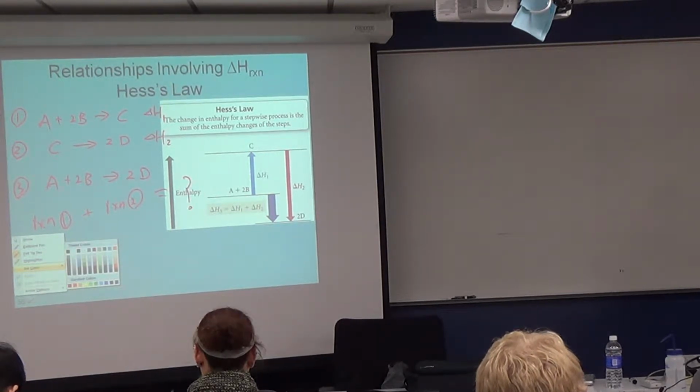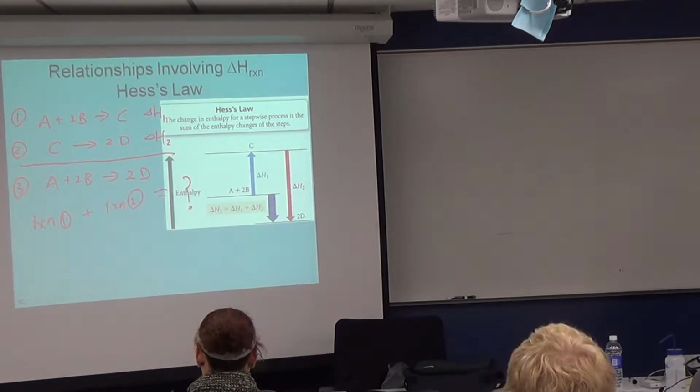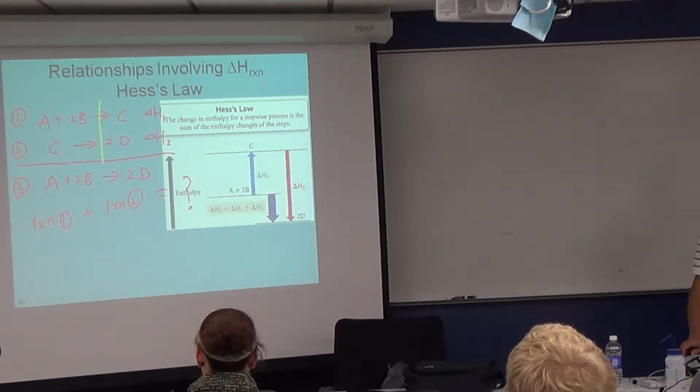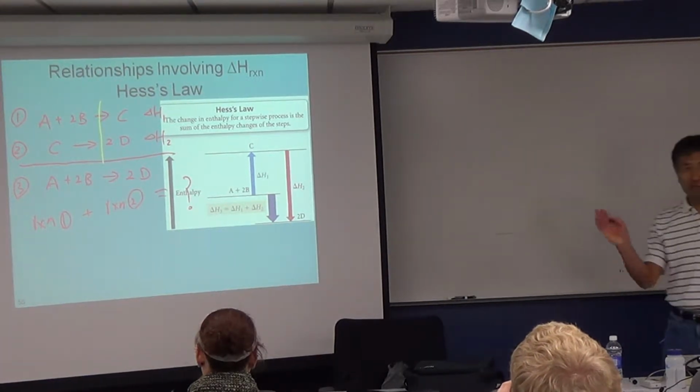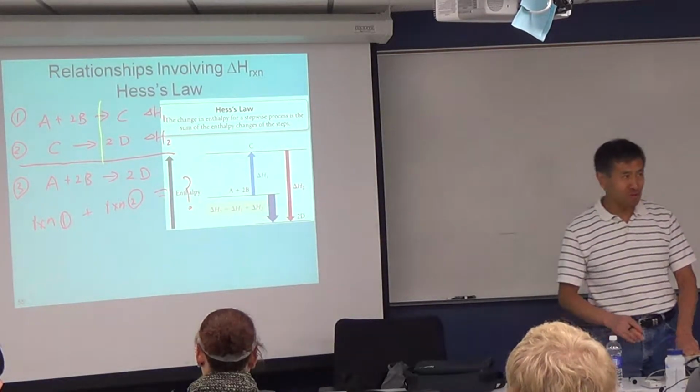So for these questions, it's relatively straightforward. We are going to add these two equations. Let me draw a line here. Right. So for both of them, the left side is the reactants and the right side is the products.